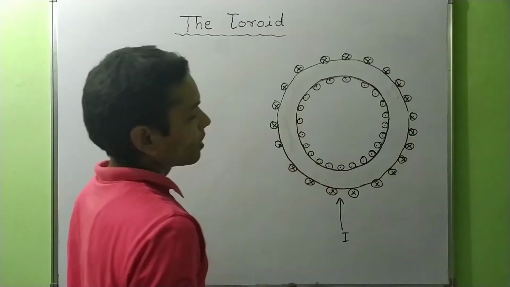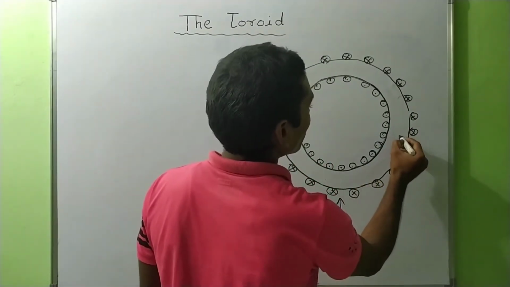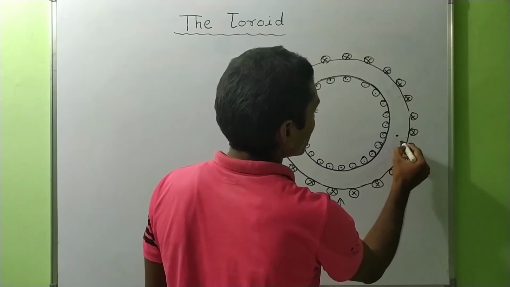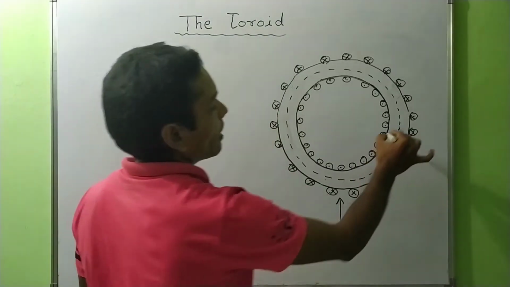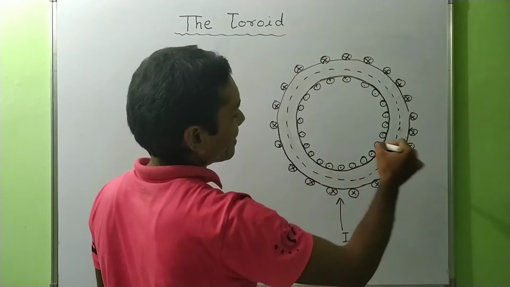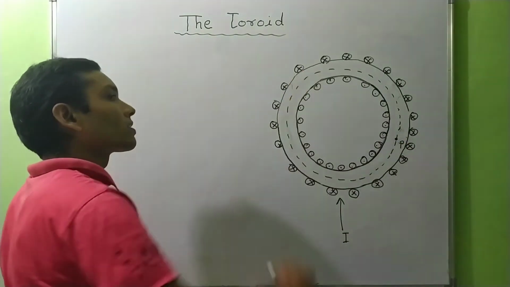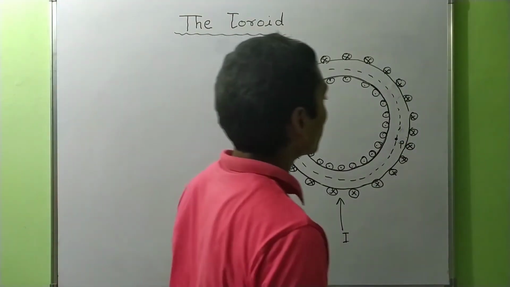So take a point P inside the toroid and draw a circular loop like that, and this circular loop is called the Amperian loop.